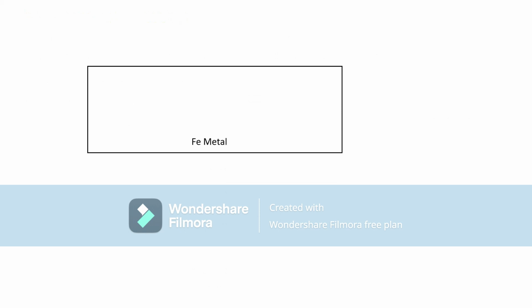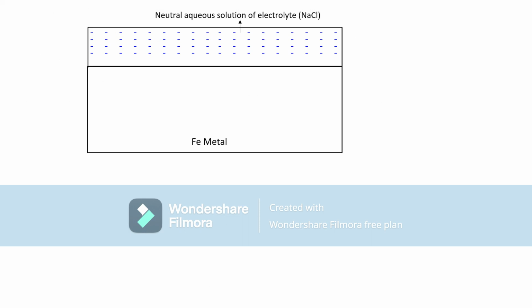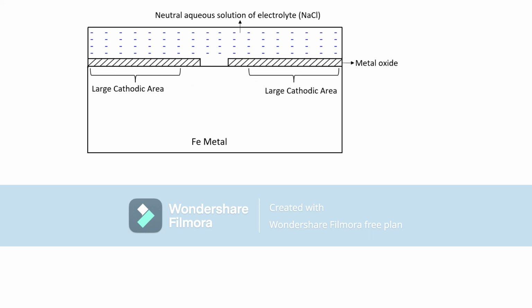In this mechanism, imagine iron metal in contact with neutral aqueous solution, that is, an electrolytic solution. As mentioned before, cathodic areas are large. This is the cathodic area, because when iron is in contact with oxygen or moisture, it forms a metal oxide layer or rust.